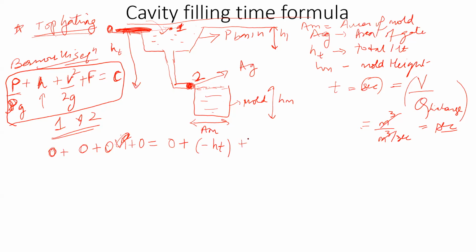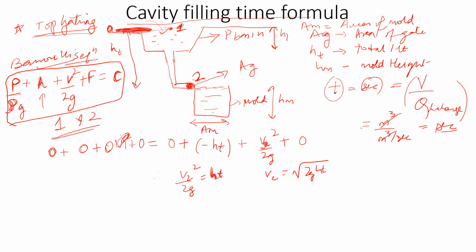Velocity I am taking as v2 square by 2g, where v2 is the velocity of the gate, and frictional losses are 0. By solving this, v2 square by 2g is equal to ht, the total height. So v2 velocity we get as under root 2g ht.